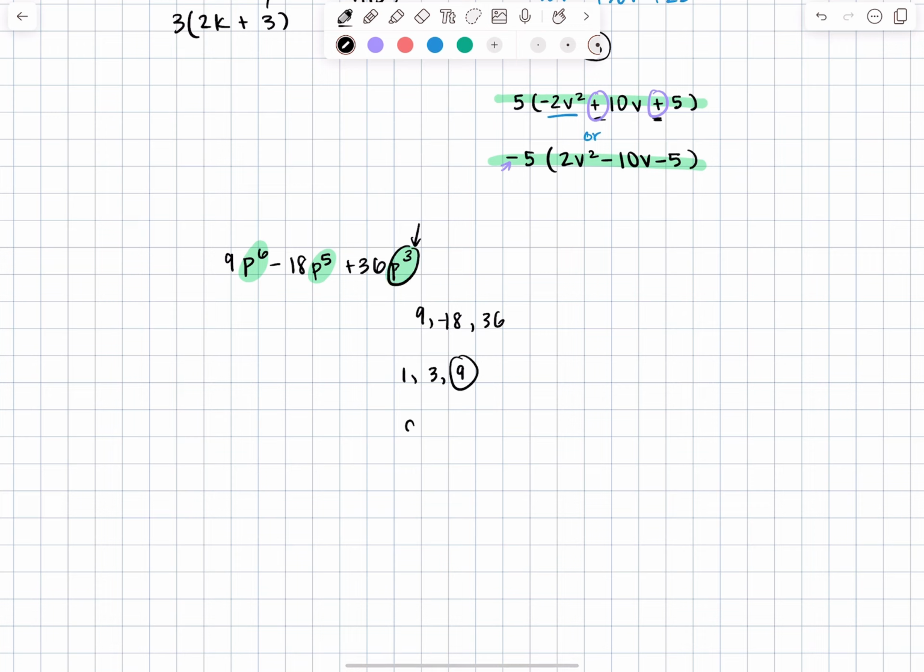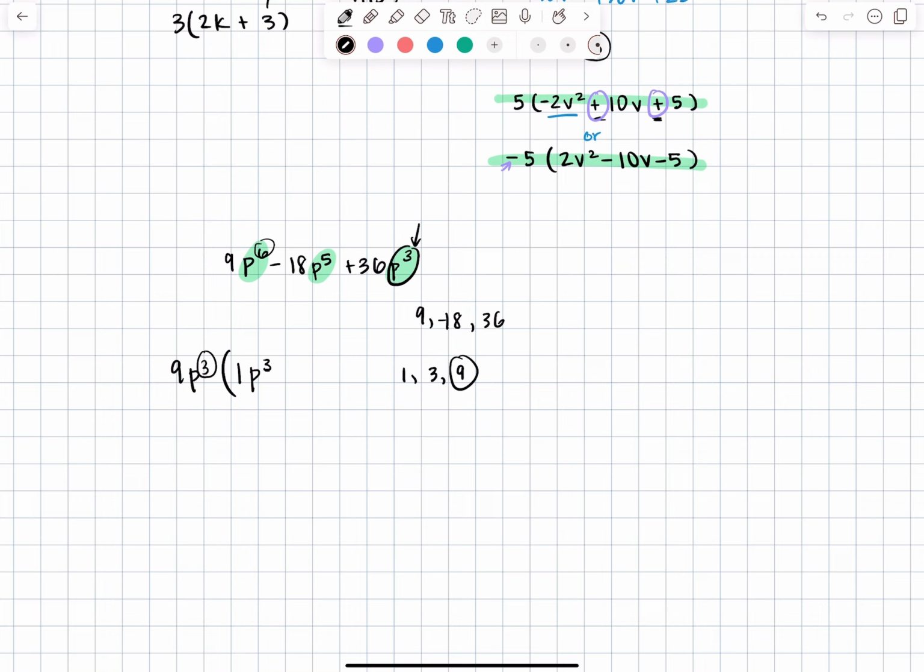So we have 9p cubed. 9 times 1 is 9, and then all you have to do is subtract. So 6 minus 3 gives us p cubed.